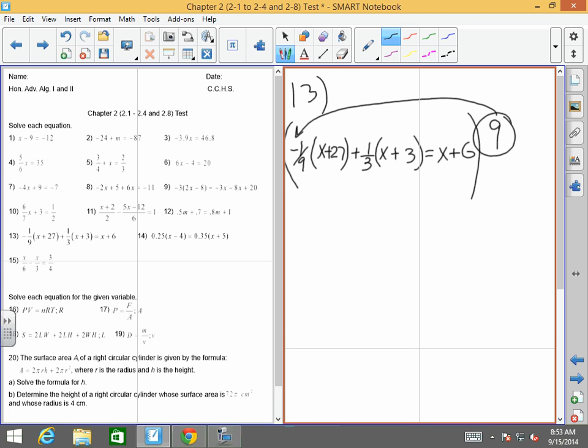So what's 9 times negative 1/9, my brother? No, it's not 9. 9 times negative 1/9 is negative 1. Bye-bye fraction. What is 9 times 1/3? Okay, 3. Bye-bye fraction. Now, what's 9 times x? And what is 9 times 6?